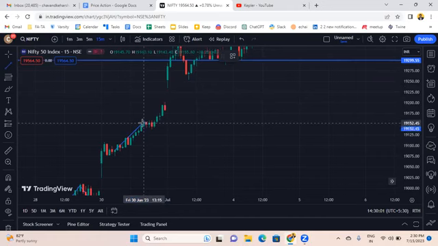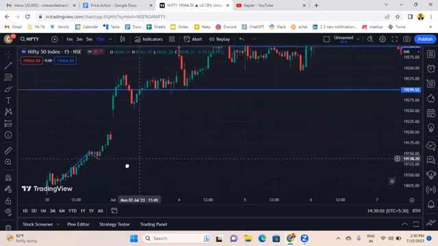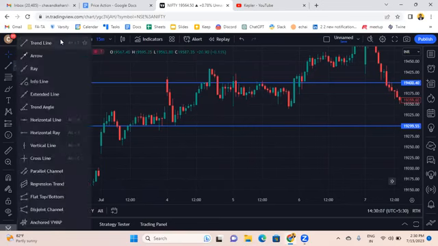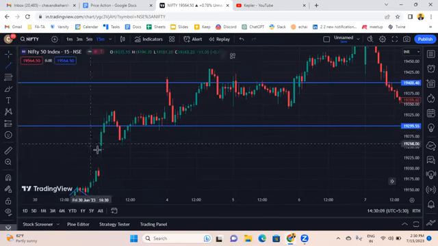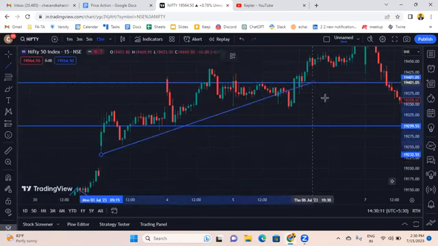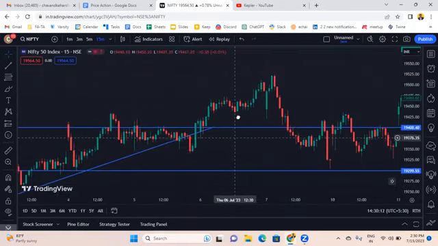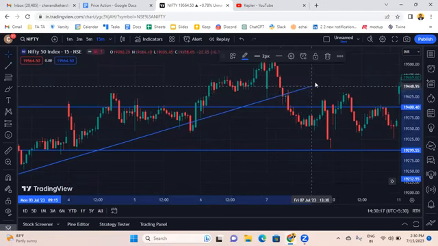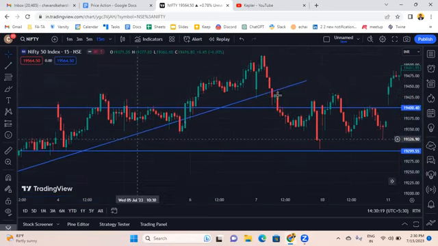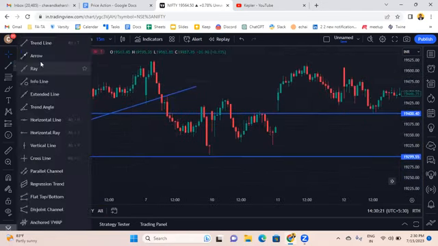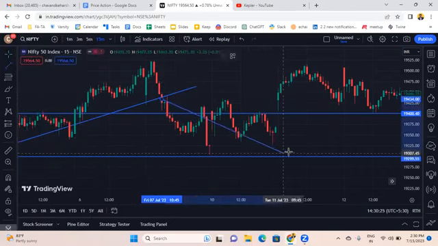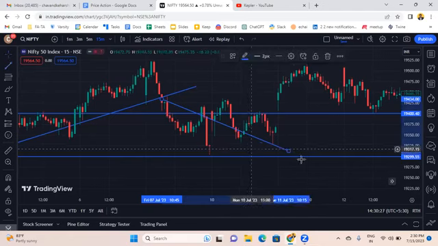A small pullback over here, correct? If you consider huge pullbacks, you can easily see this is the pullback. Trend line break, this is the impulse, and this is the pullback. So this is the concept of pullback.